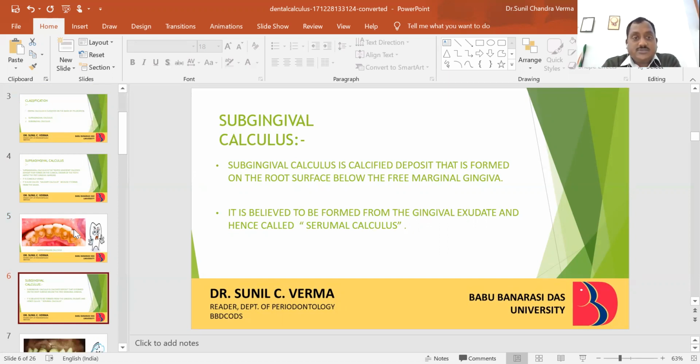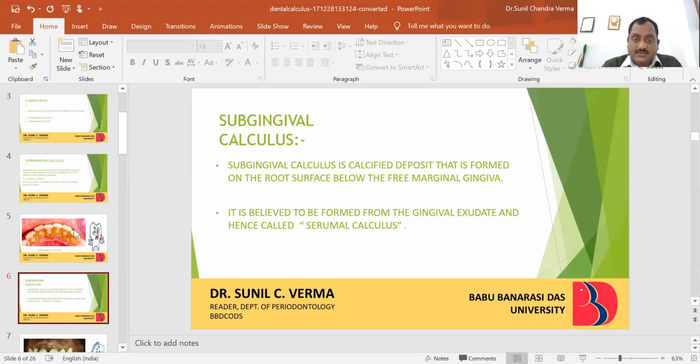Second is called subgingival calculus, and this is a calcified deposit that forms on the root surface below the gingival margin, means below the gingiva. It is believed to be formed from the gingival exudate and hence called serumal calculus.